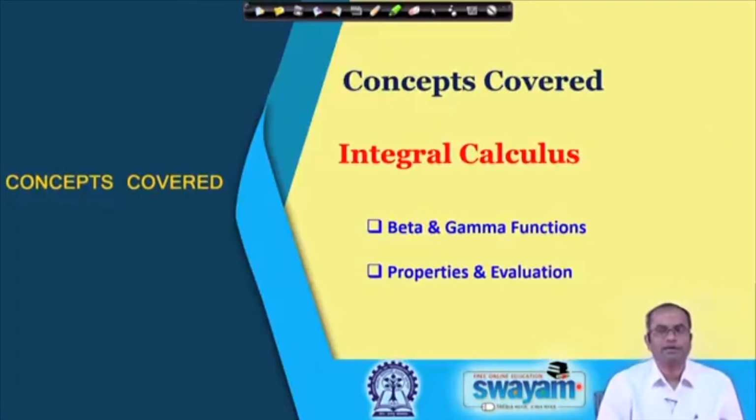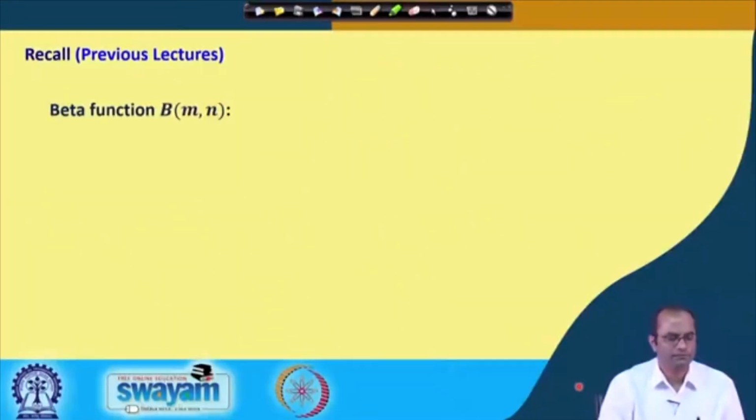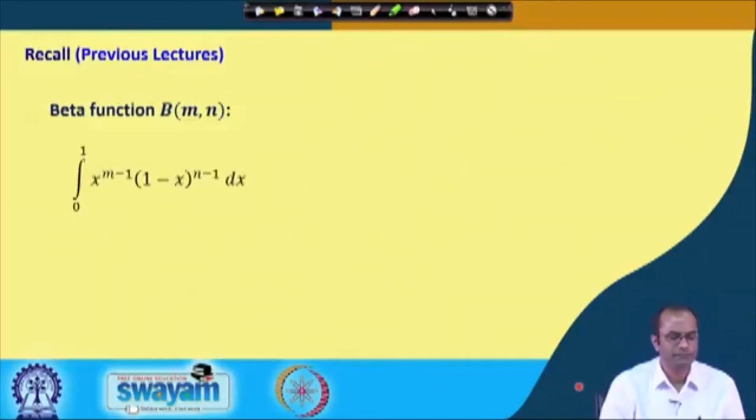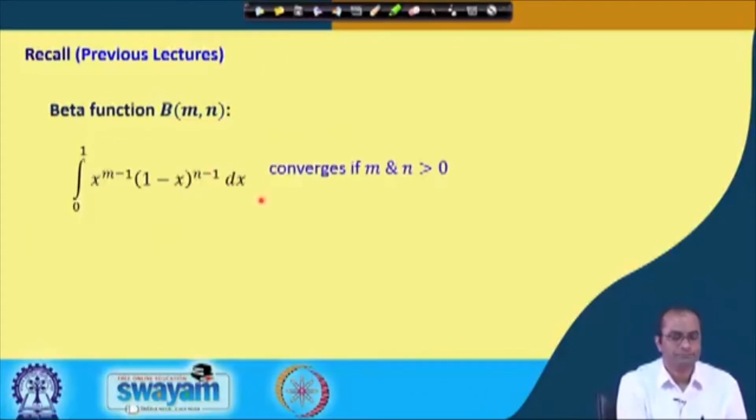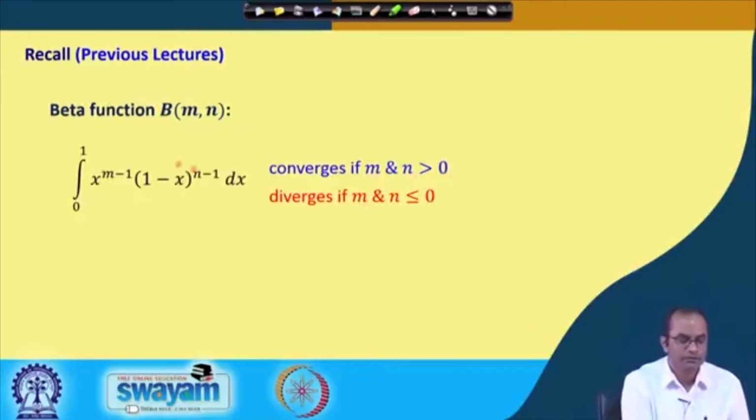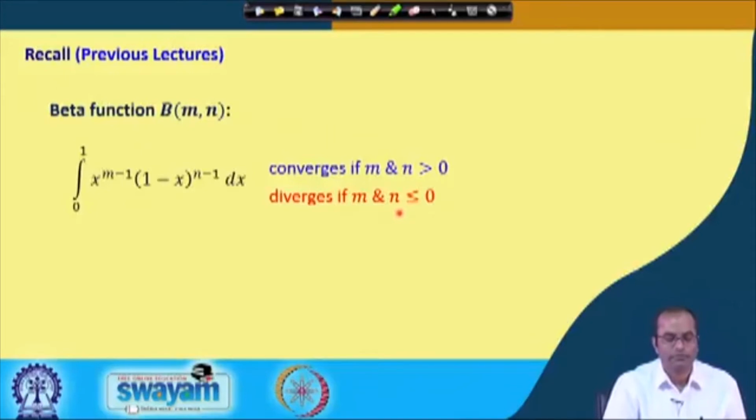In the last lecture we have already seen the convergence of those integrals. If we recall, the beta function was the improper integral from 0 to 1 of x^(m-1) (1-x)^(n-1) dx, which converges when m and n are strictly positive and diverges when m and n are less than or equal to 0.